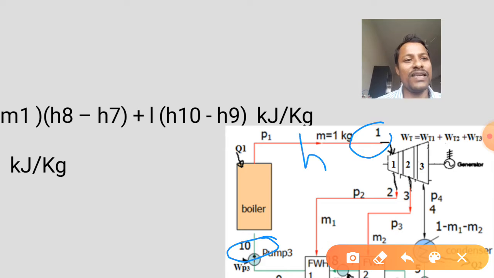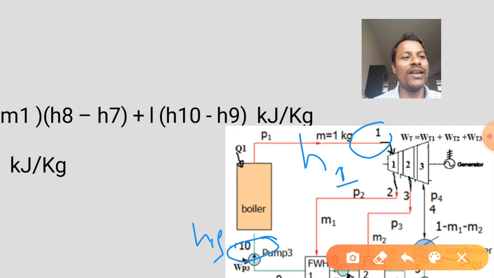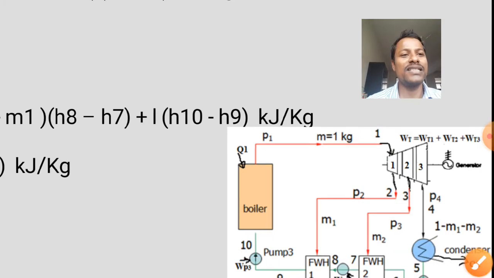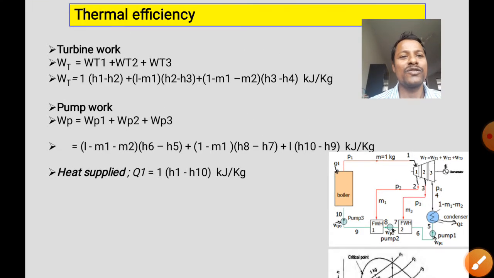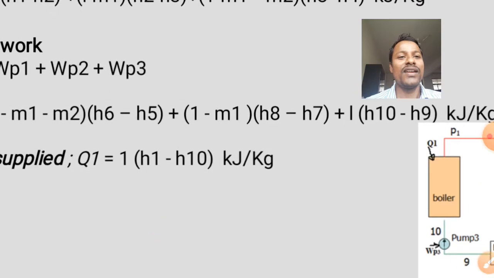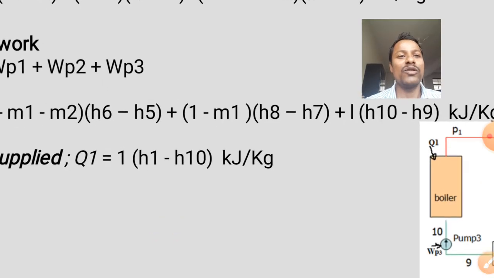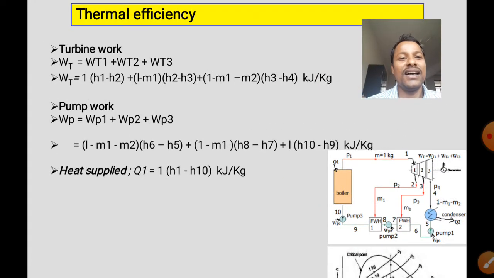So the enthalpy here is H1 and enthalpy at the boiler inlet is HF10 or simply H10 we can say. So this is the heat supplied into the boiler, that is Q1. Q1 is, but the mass of the steam is 1 kg. So hence H1 minus H10 kilojoule per kg is the amount of heat supplied inside the boiler.